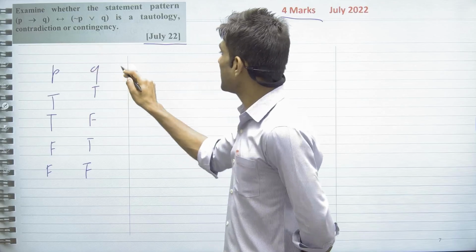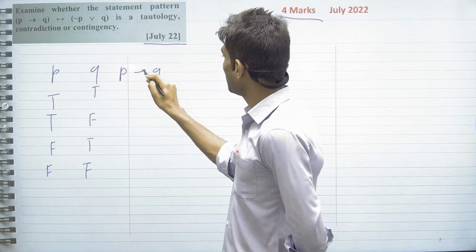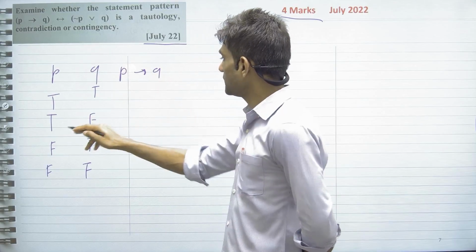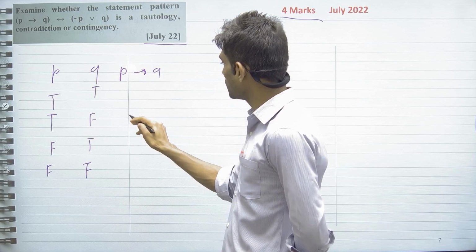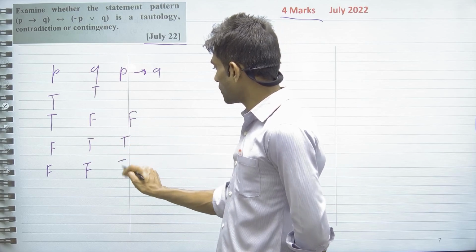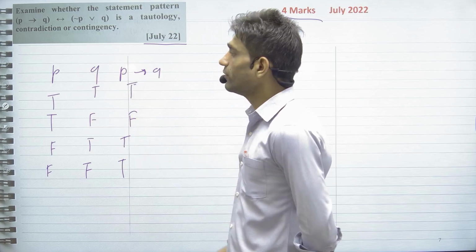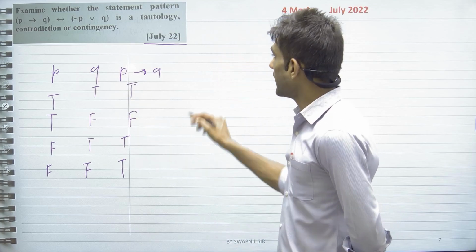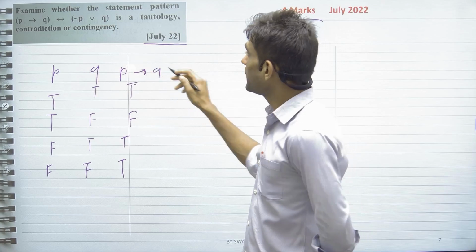Now we want P implies Q. P implies Q says that when the first statement is true and the other is false, it goes to false, and the remaining all go to true. So TF will remain F.